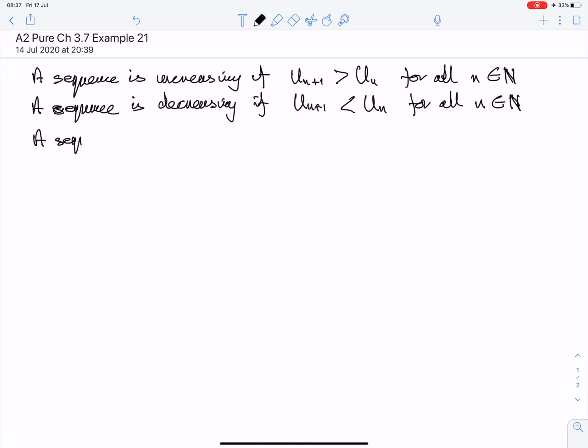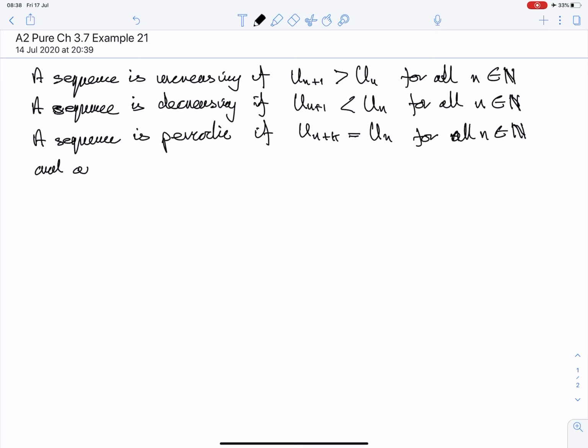So a sequence is periodic if un plus k, so it doesn't have to just oscillate, it could be over a number of terms, if un plus k is equal to un for all n a member of the set of the natural numbers, and an integer k, a specific value of k.